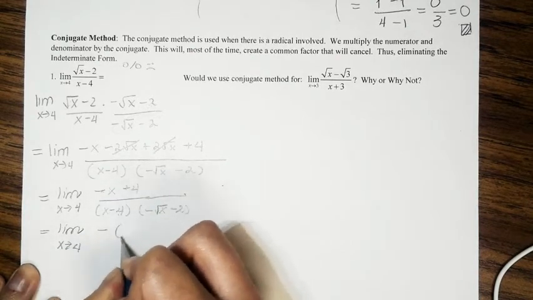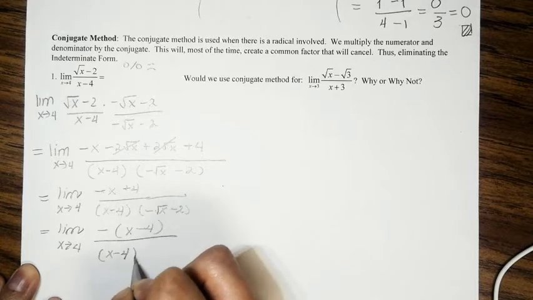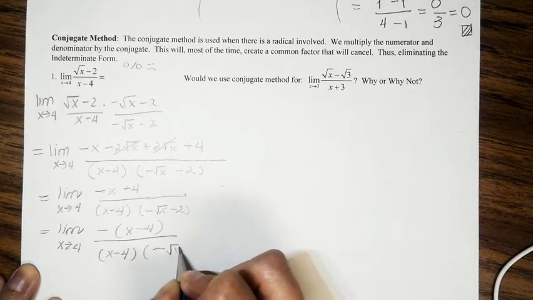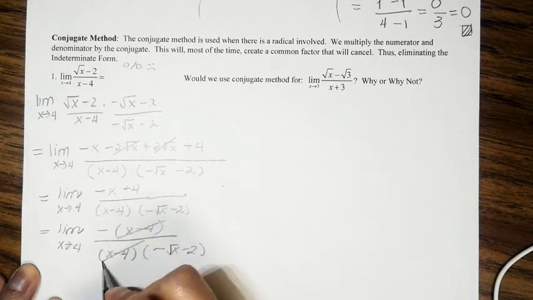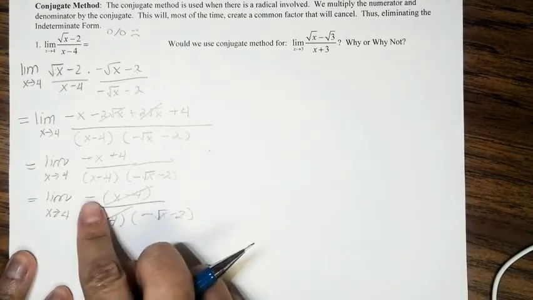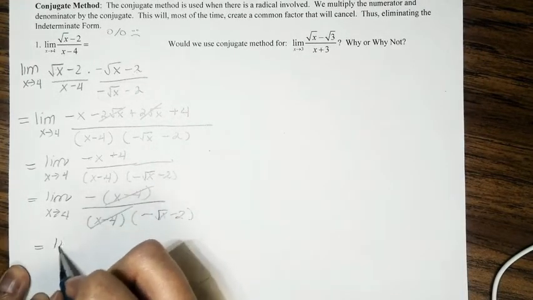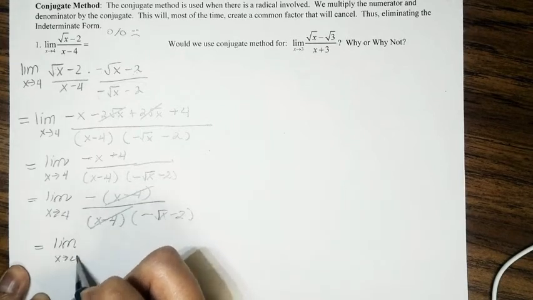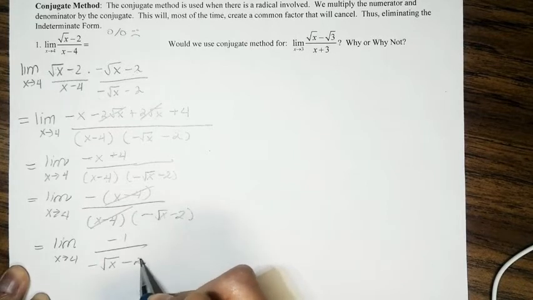So you take out the negative, you have x minus 4, then you have in the denominator x minus 4. With the negative here, you can take out the common factor or not of this part. You cancel this 2, keep the negative. Remember that we have that beautiful negative in front, so don't forget about it. And then you have the limit when x goes to 4 of negative 1 divided by negative root x minus 2.